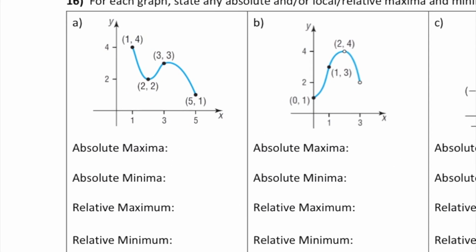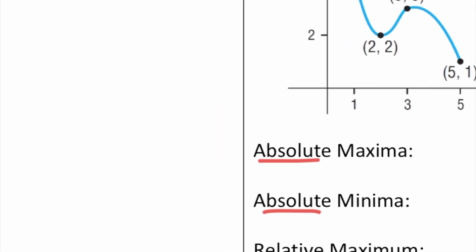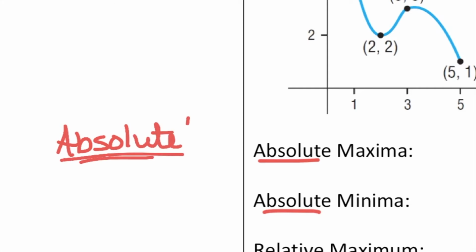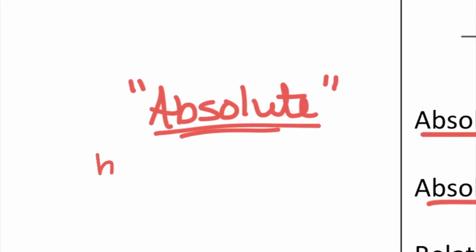Now, for these three problems, you need to remember that the concept of absolute max and min means the highest or lowest on the whole graph.